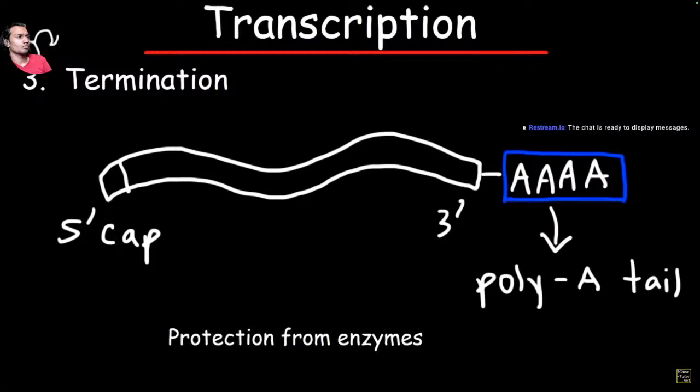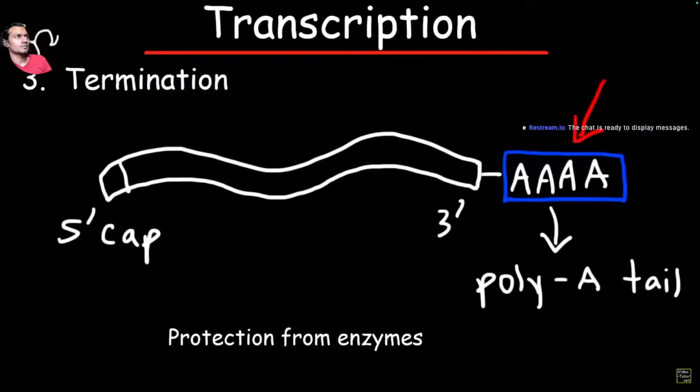The last step of transcription, which is the termination step: the RNA polymerase molecule and the mRNA strand all separate from the DNA template strand. Poly A polymerase enzyme caps the 3' end of the mRNA strand, and this is known as the poly A tail.